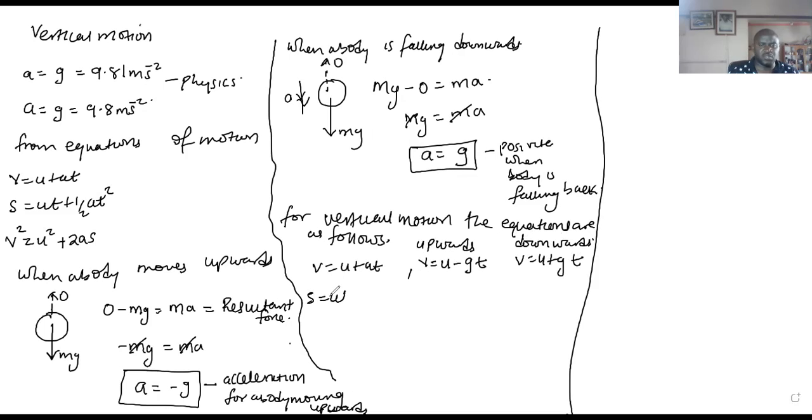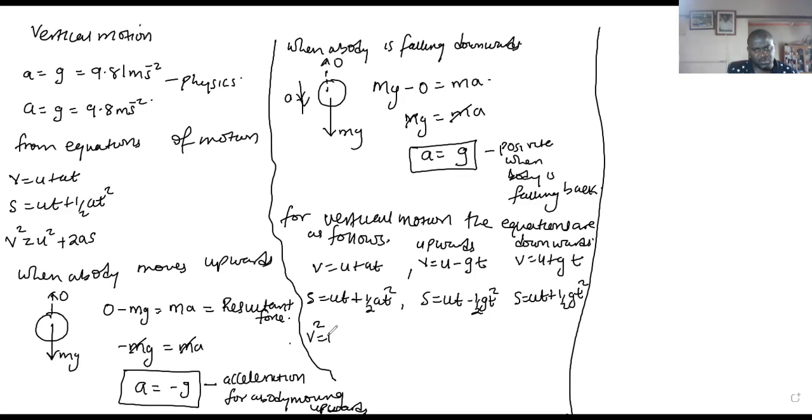s is equal to ut plus a half at squared. This will give us s is equal to ut minus a half gt squared going up, which is the same as s is equal to ut plus a half gt squared when it's coming down.